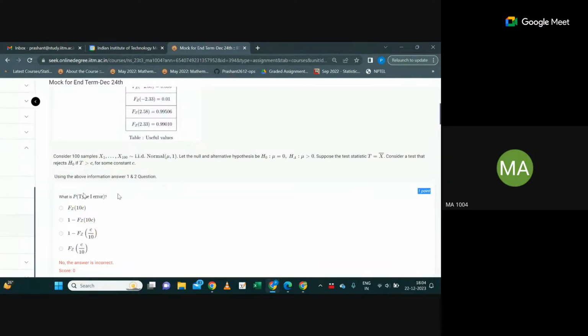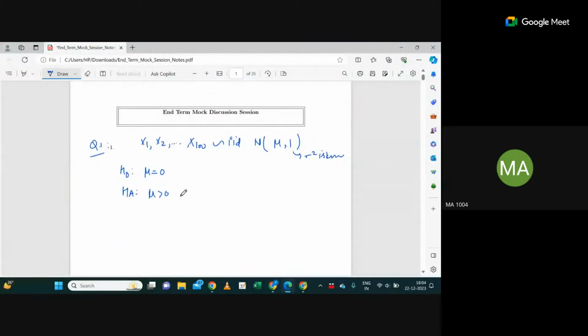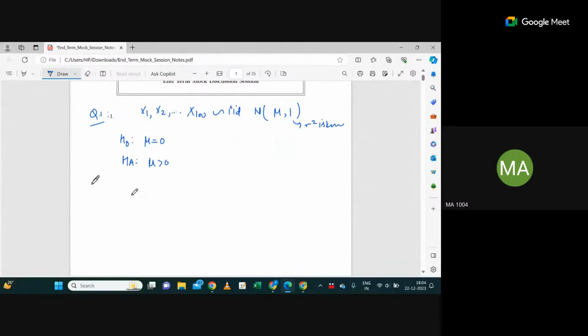We have been asked what is the probability of type 1 error. So my test is: I will reject my null hypothesis if T is greater than some constant c. What is this T? This T is nothing but x bar. Now, what will be the distribution of x bar here?